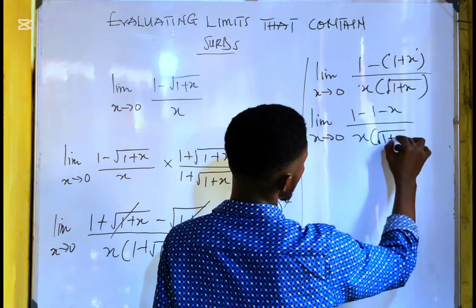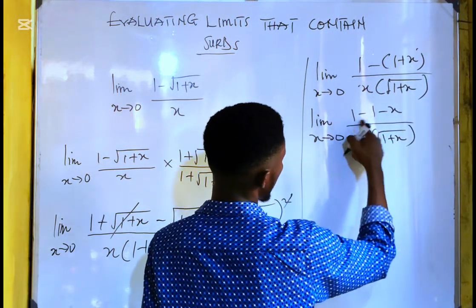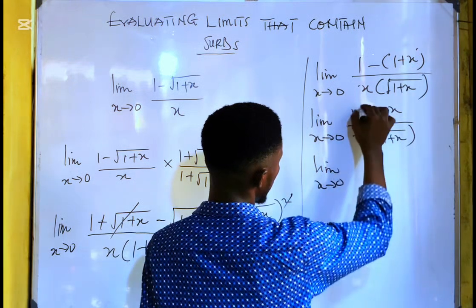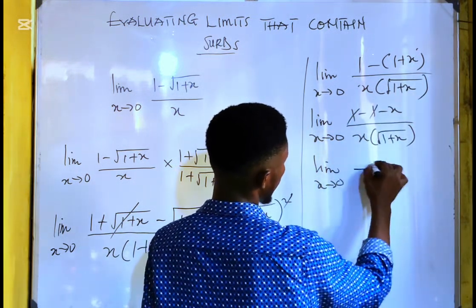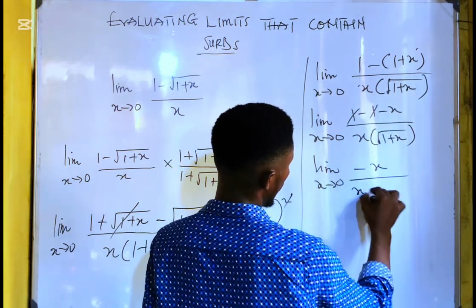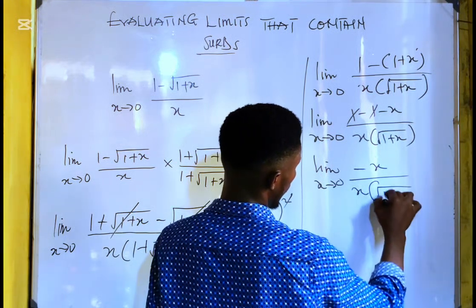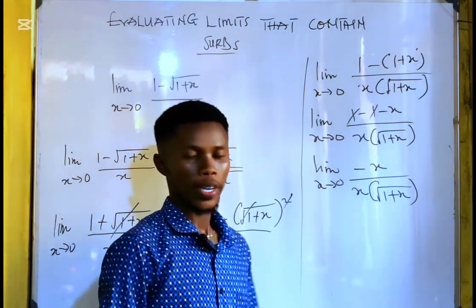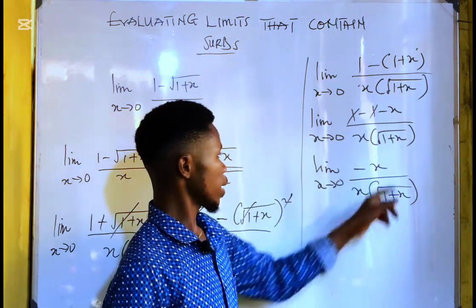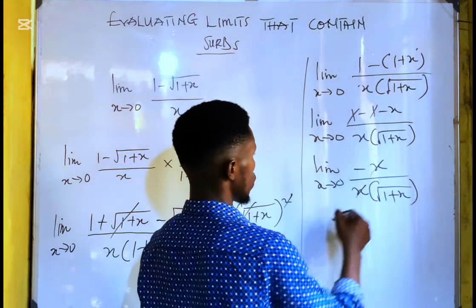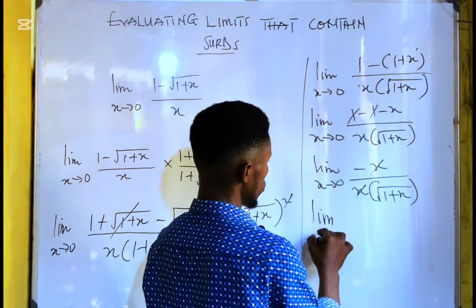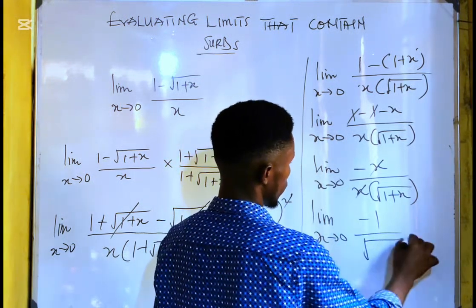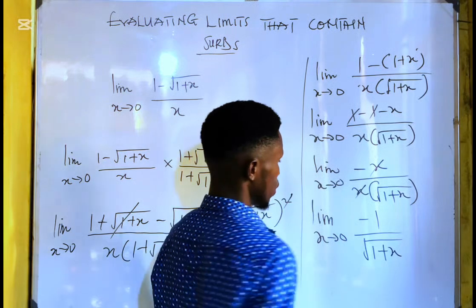Root of 1 plus x. 1 minus 1. I hope you can see that. So this and that will go into itself, giving negative 1 over 1 plus square root of 1 plus x.